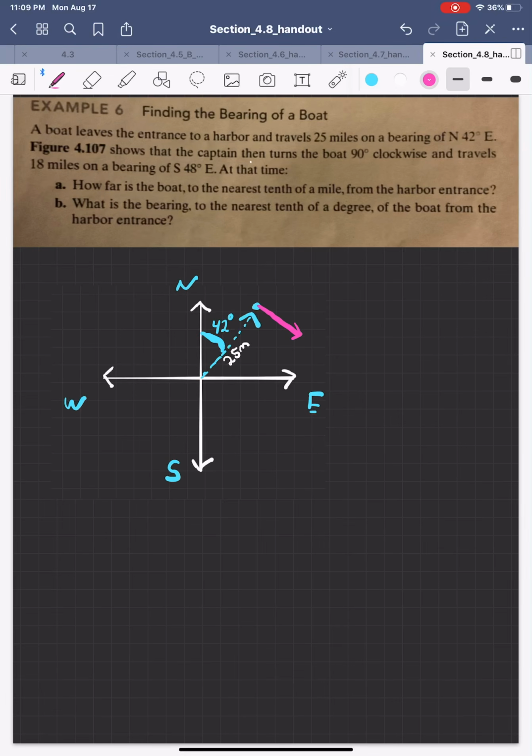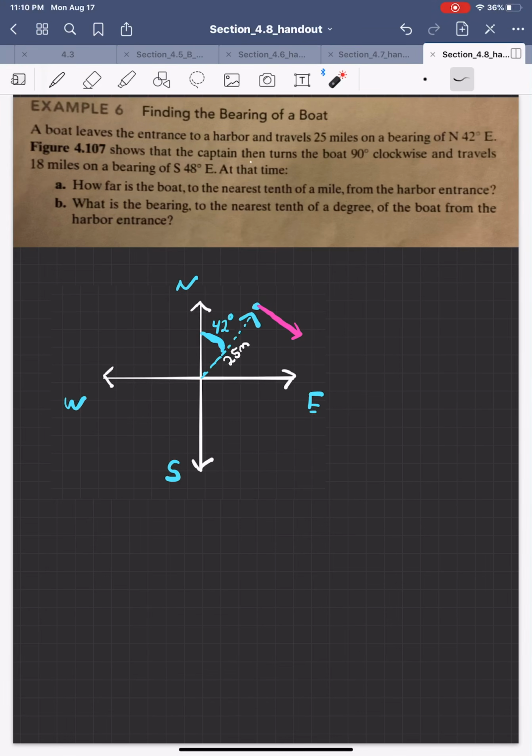So let me go ahead and draw this out for you, and I'm going to show you a trick. Most students are pretty good with that first bearing, right? They're pretty good on how to get to here, but then when they're here and they're trying to go south 48 degrees east, a lot of times students have trouble knowing how to do that. So let me show you a quick trick.